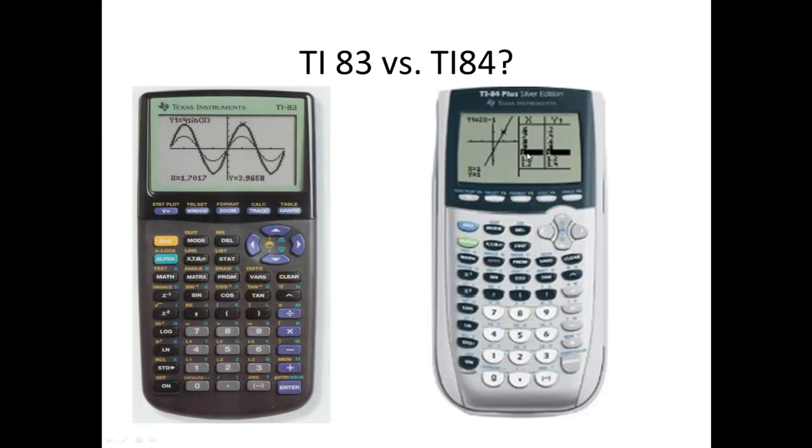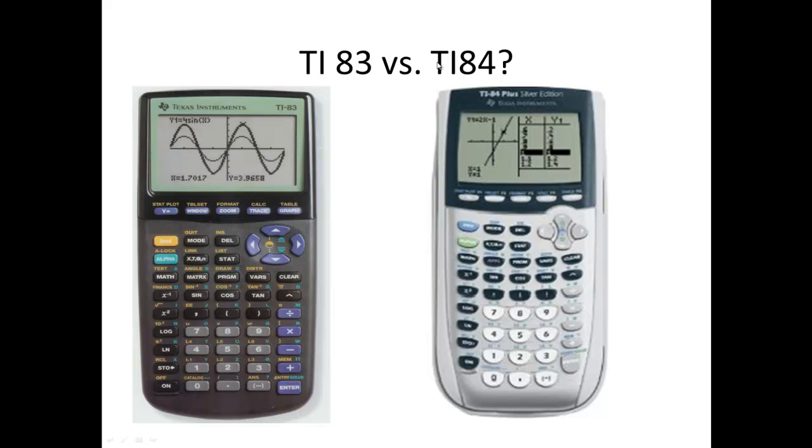So, some of you may have a TI-84, some of you may have a TI-83. Whenever it comes down to it, there's really not a whole lot of difference between the two calculators, at least from what you will see in operation.